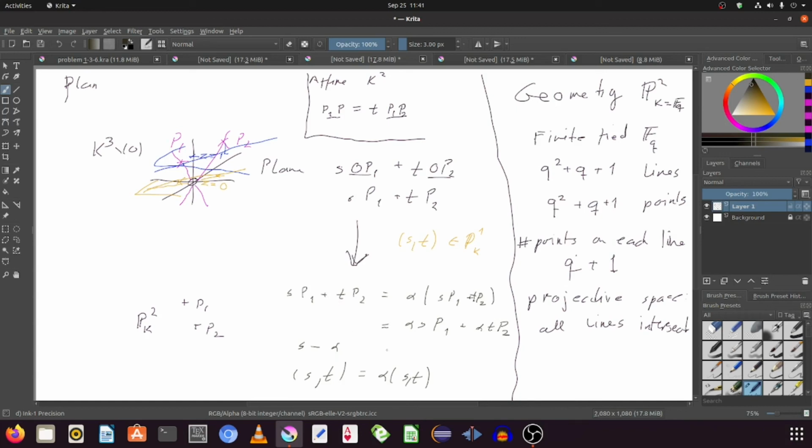Now, what do we have to prove here? We have to prove that when this holds, yeah, they must vanish individually. That's the equation we have. And P1 and P2 being distinct points, so there's no linear connection between them. That's the point.